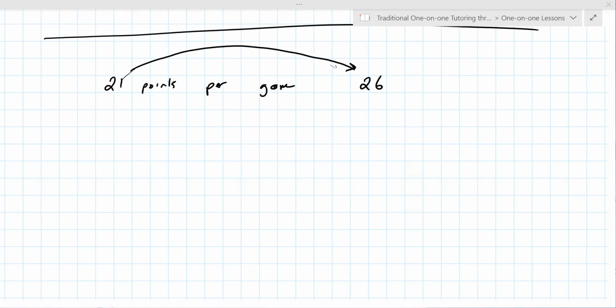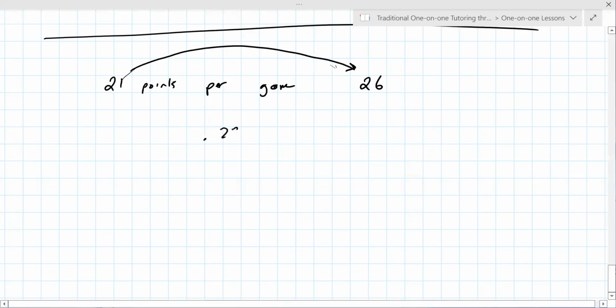That's right. It's a 23% increase. Yeah, I would round that up, so we want to write the decimal. Let's write it out a little bit. So let's go 0.238. So this would be a 23.8% increase.